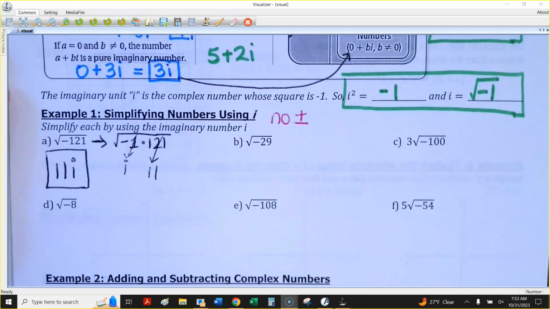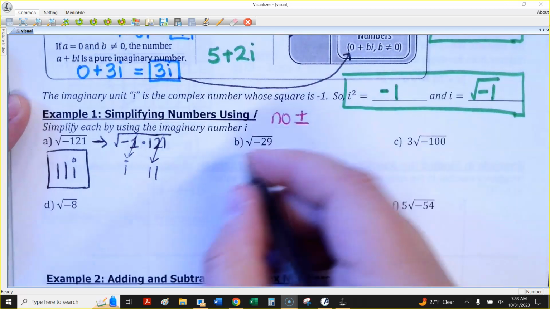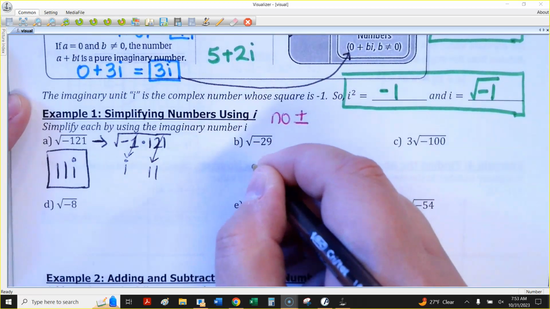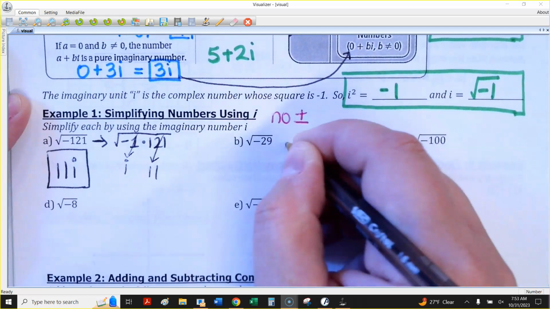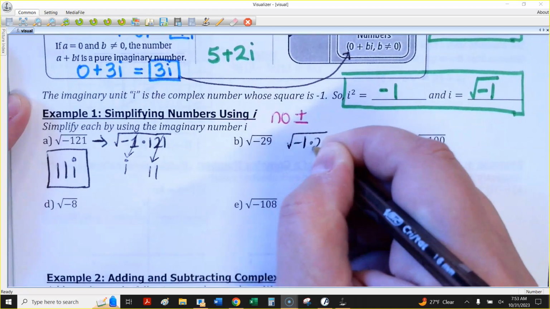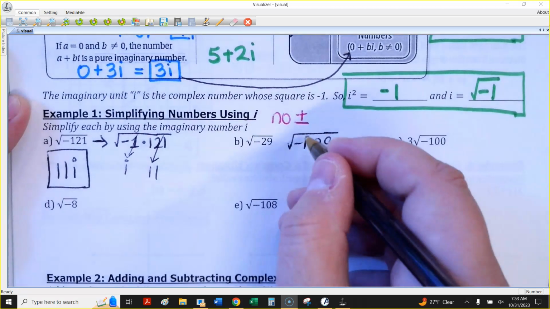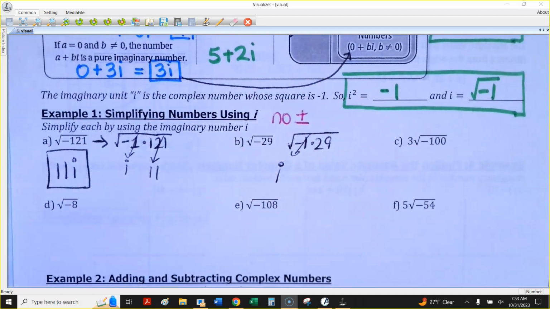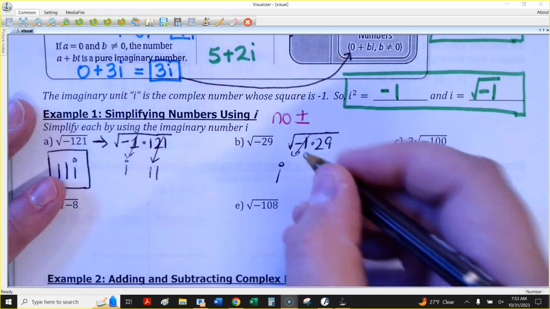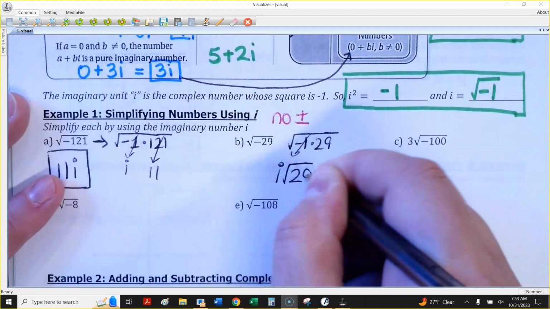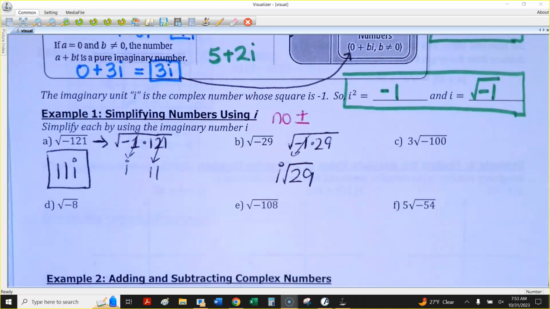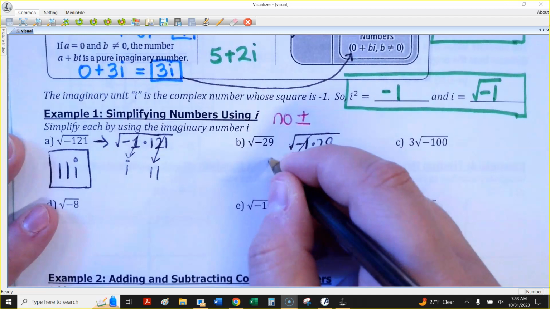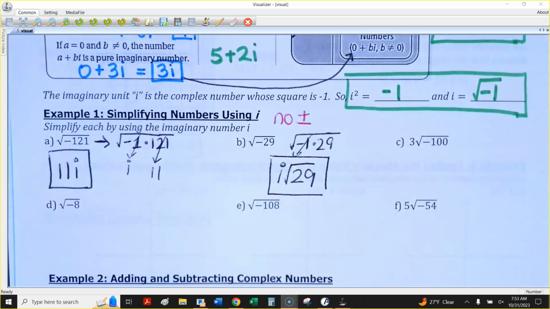So literally all I'm going to do here to simplify this, to get rid of the negative, is take an i out, and if I can simplify anything else out in front like we did on the last question, we would. We can't for this problem, so this would just simplify to be i times the square root of 29. And that's considered simplified because I took the i out to get rid of the negative. That's all you have to do.